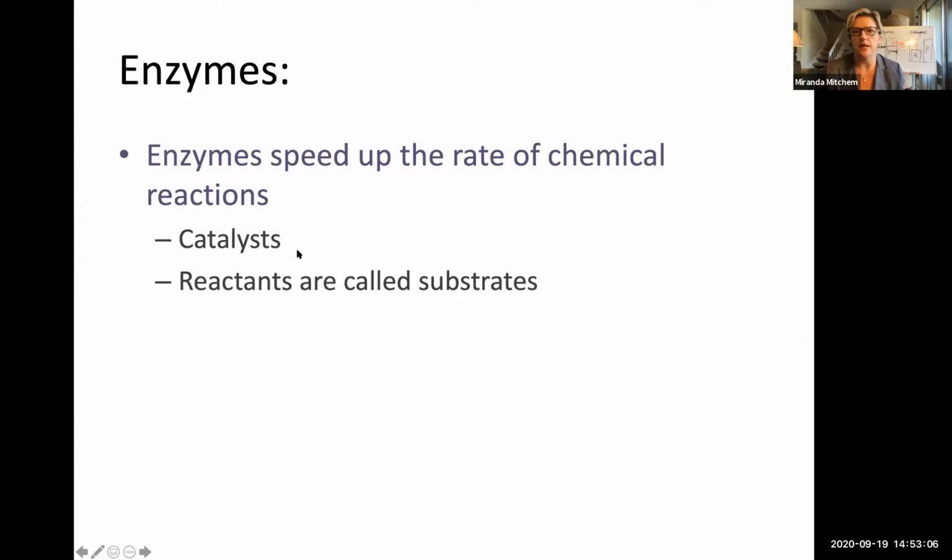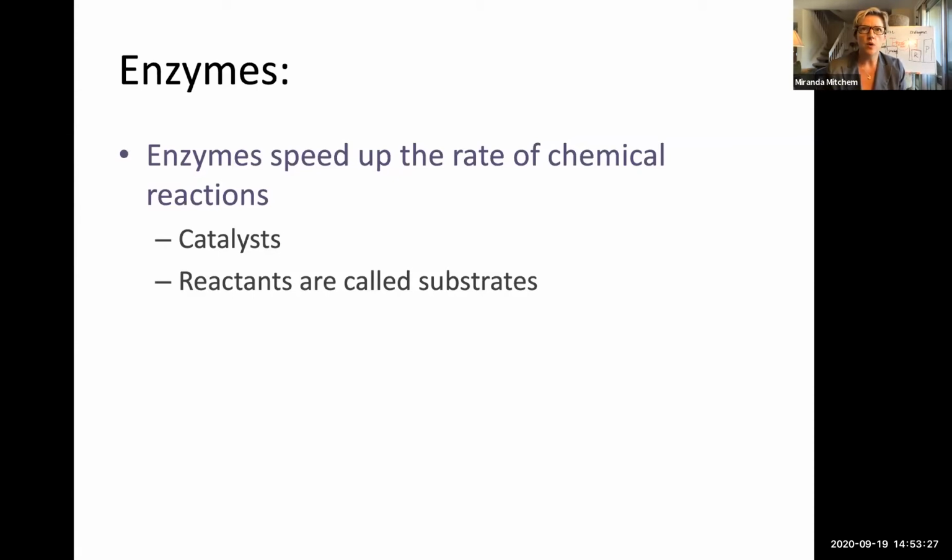That just means it's a catalyst that our body makes. It's an organic molecule. 99% of the time they are protein, but there are some examples made out of RNA. So what they do is they decrease the barrier that's needed to make the products.